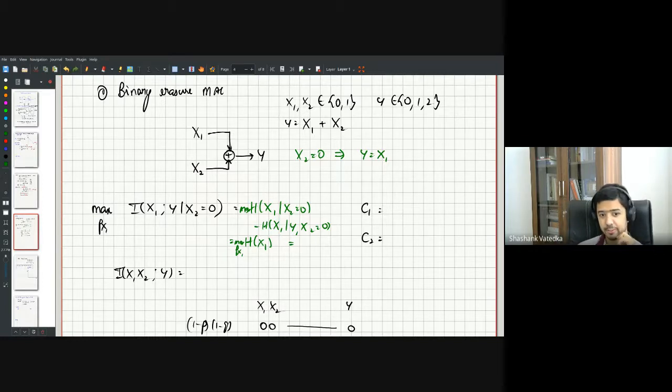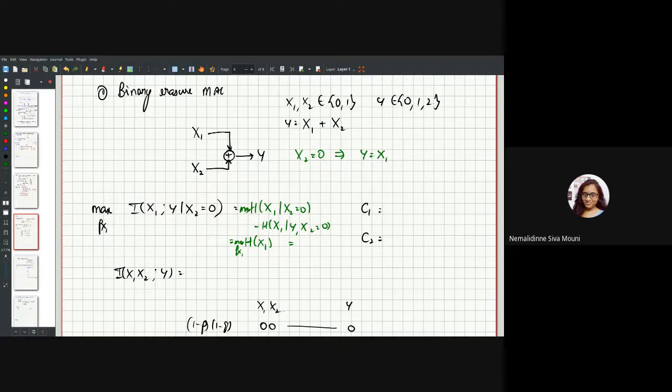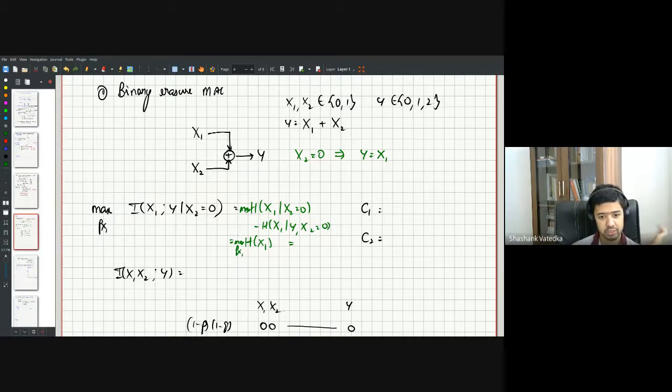There's no erasure, nothing over here, right? So what is the maximum of the entropy for all possible input distributions? You know that X1 is binary.